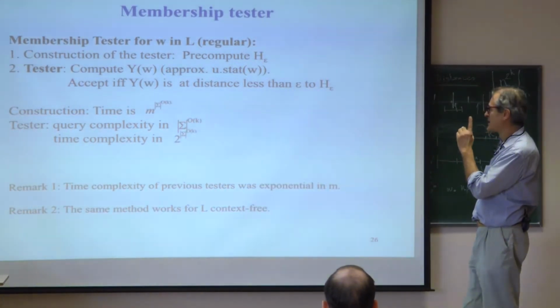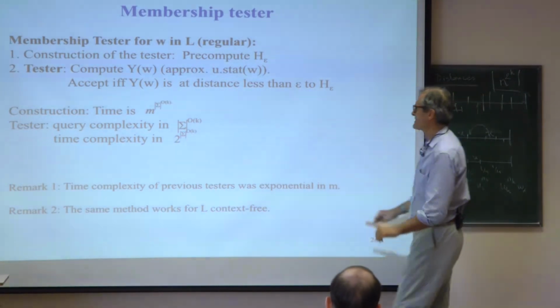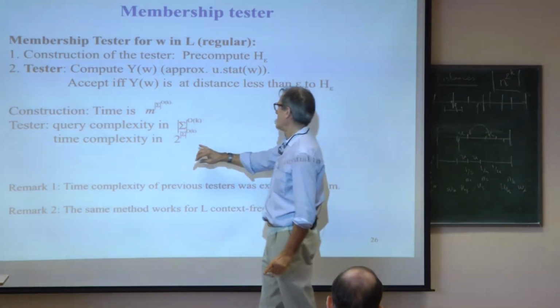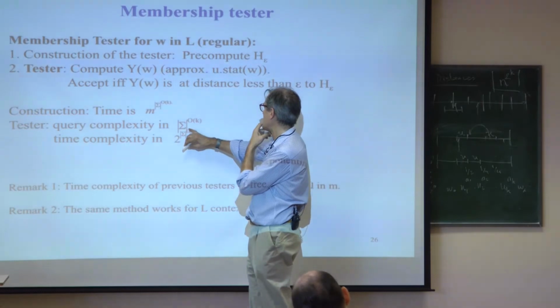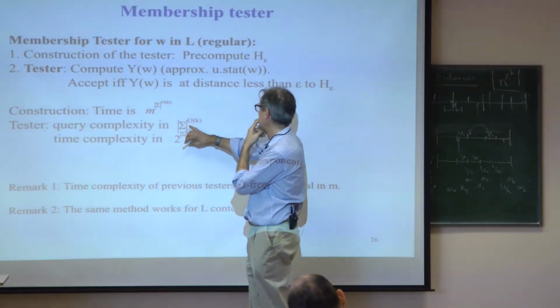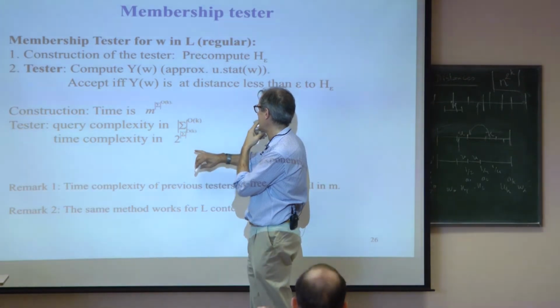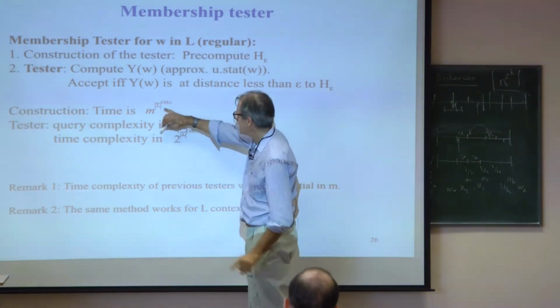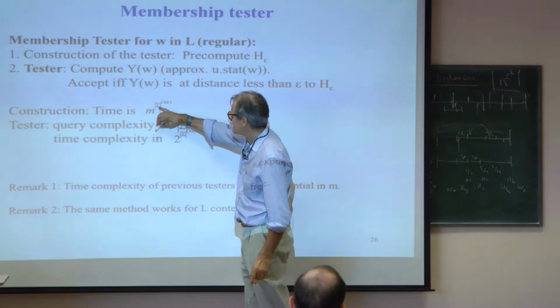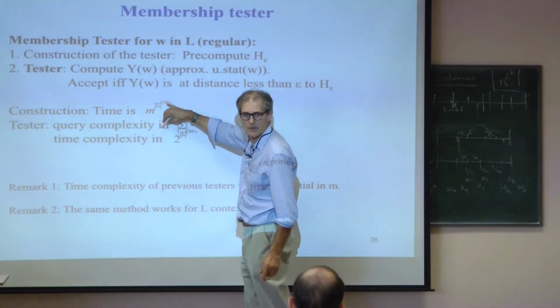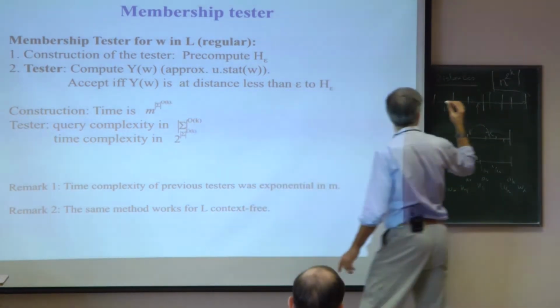Okay, so the key thing here is that the query complexity is like this, which is not too bad. But the problem is that we are still exponential in 1 over epsilon. So this is the key.